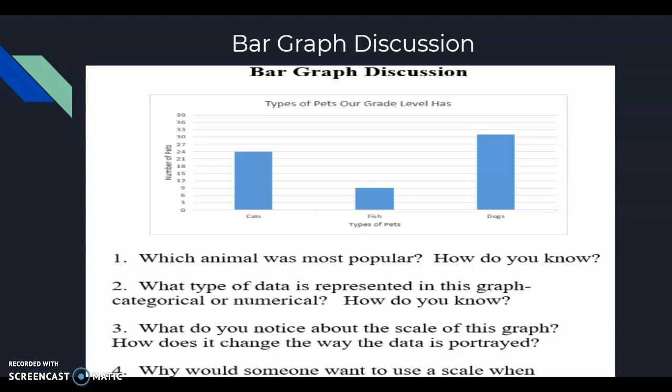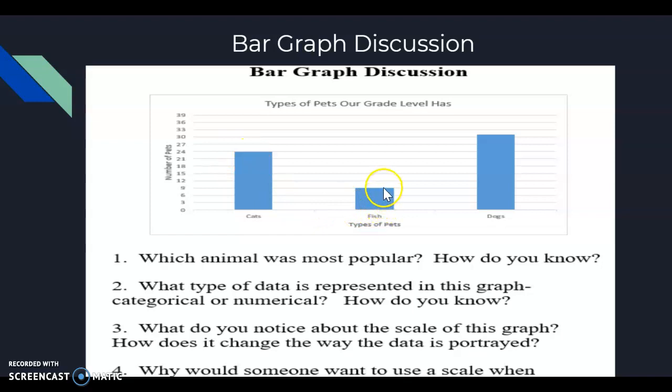Okay, so let's go back to the graph and take a look at it. For that first one, again, which animal was most popular? We look at cats. It looks like it stops at 24.